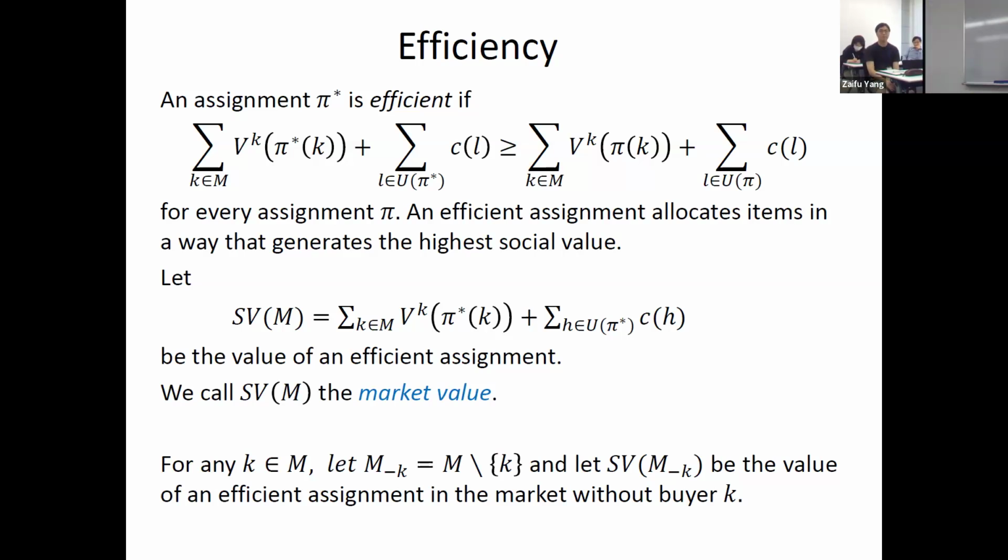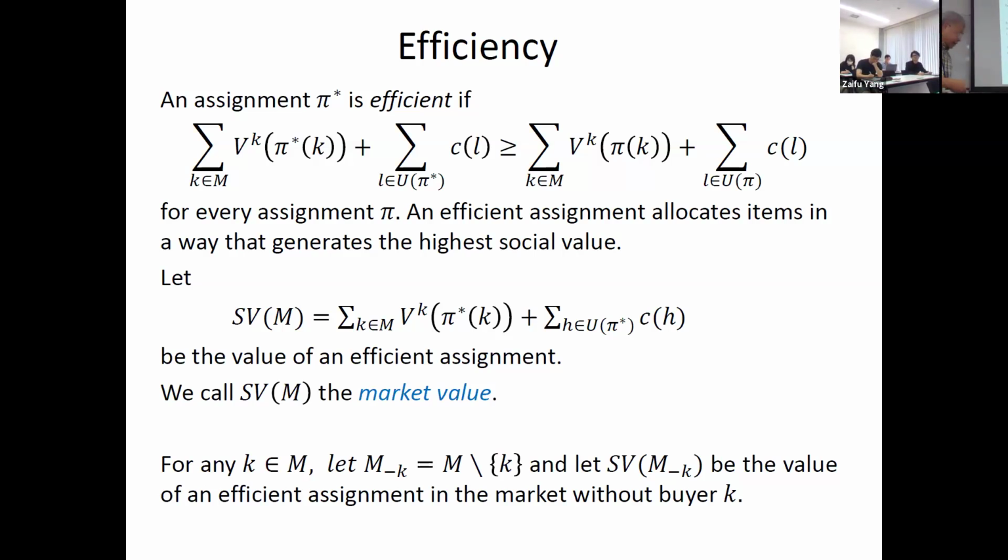This value will be the same for any efficient assignment. So we call this the market value, and later on we will use this value to define the VCG payment. When you have a VCG auction, we will also consider the marginal contribution of each bidder.